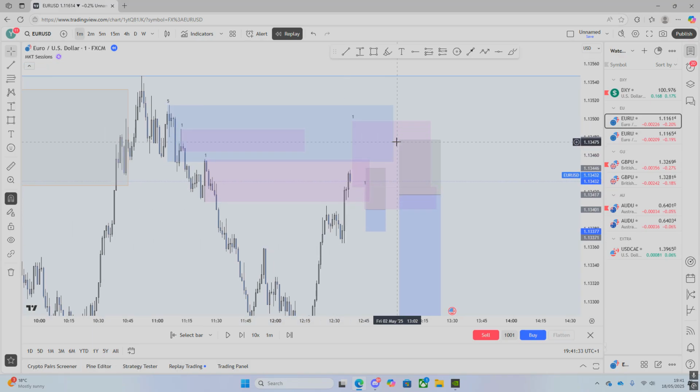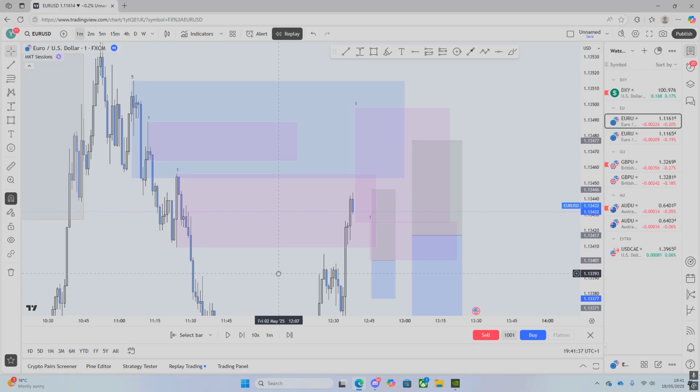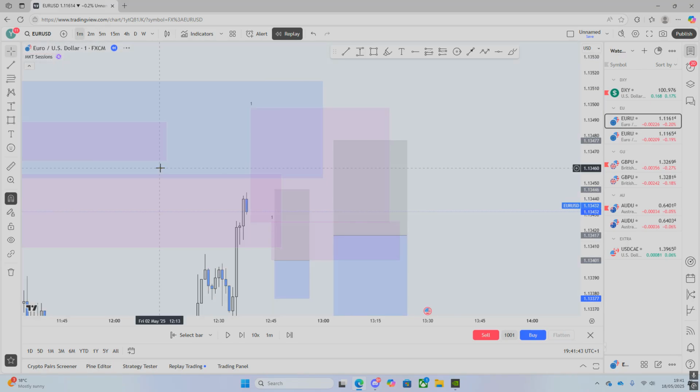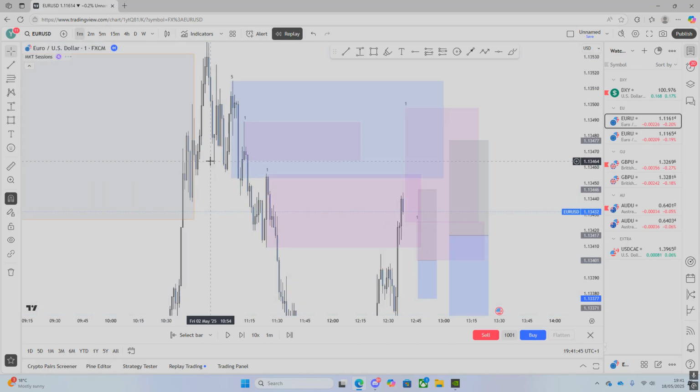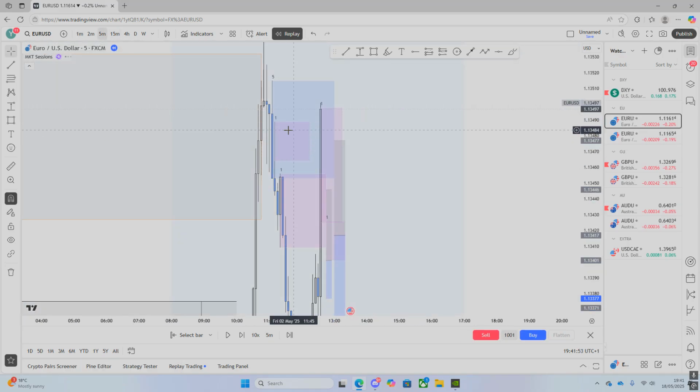Let me quickly explain why. Every time I mark out a 5 minute, I have to go on the 1 minute and refine it, meaning find a 1 minute within the 5 minute. As you can see, it's part of the 5 minute.